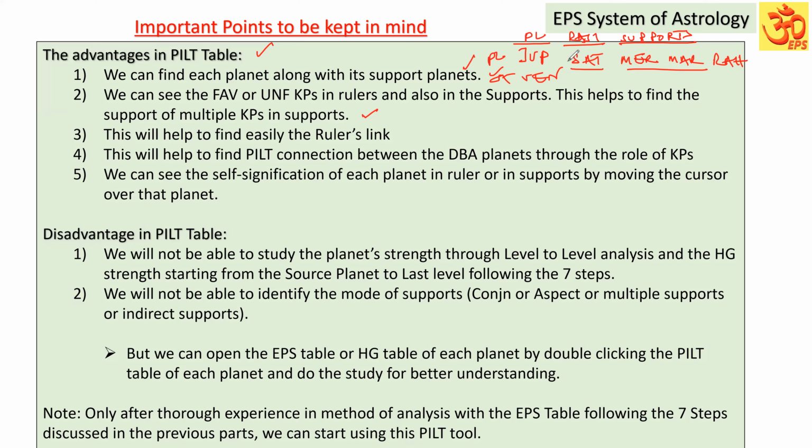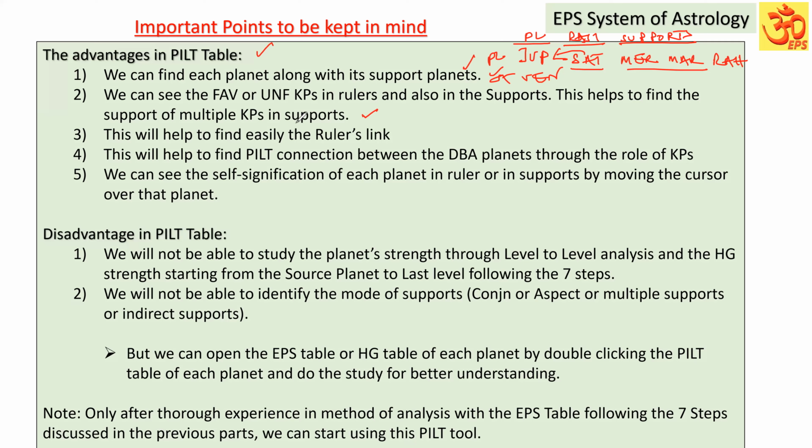So Jupiter is getting the support of Saturn, Mercury, and Mars. Multiple key planets are supporting Jupiter. This we can easily identify, with the help of the key planet shades and colors that we are going to give. With that, we can easily identify the role of the favorable or unfavorable key planets in their rulers and also in supports.